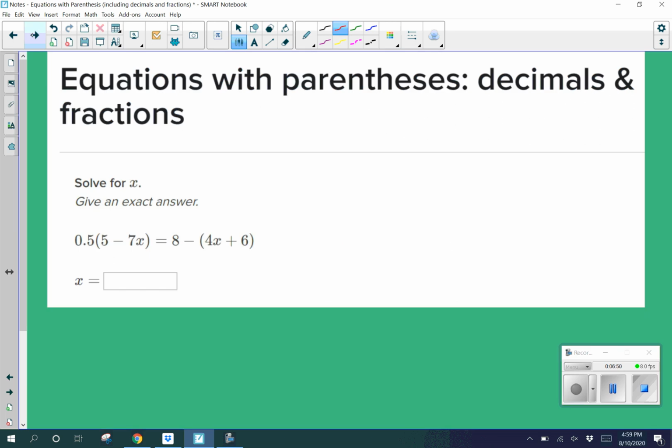Okay, here we're distributing 0.5. 0.5 times 5 is going to give us 2.5, minus 0.5 times 7x is going to leave us with 3.5x equals 8. Don't forget, now I'm distributing a negative.